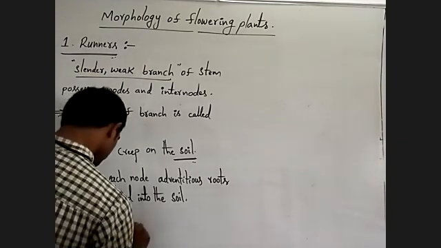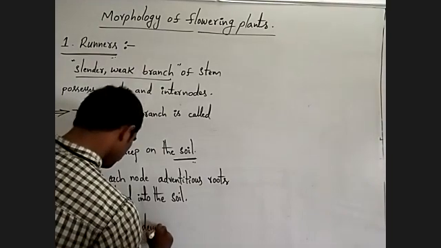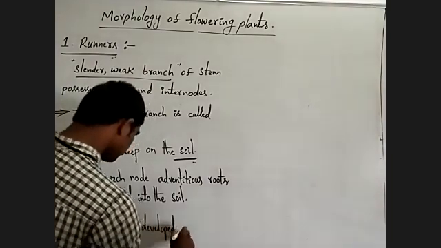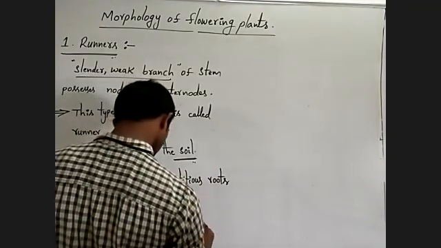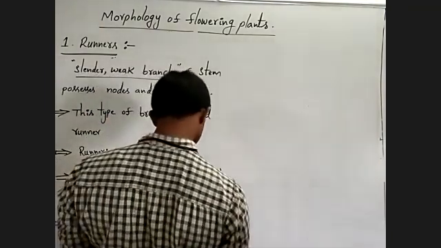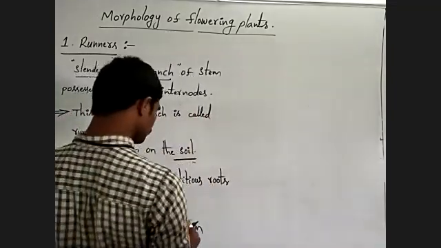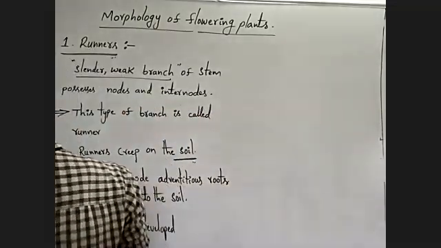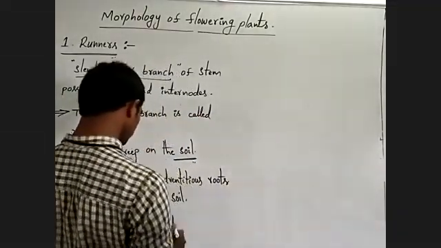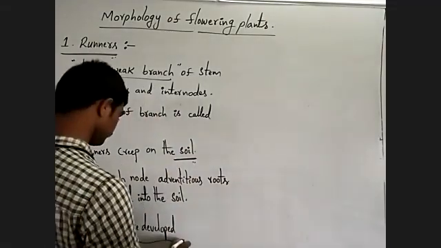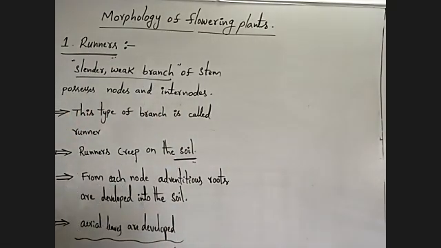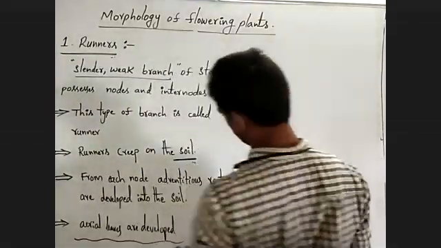Aerial leaves are developed from the stem, and aerial roots are developed.